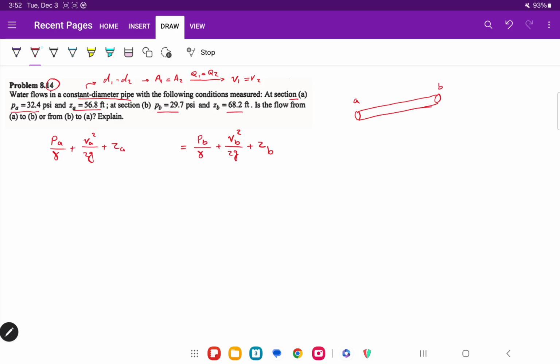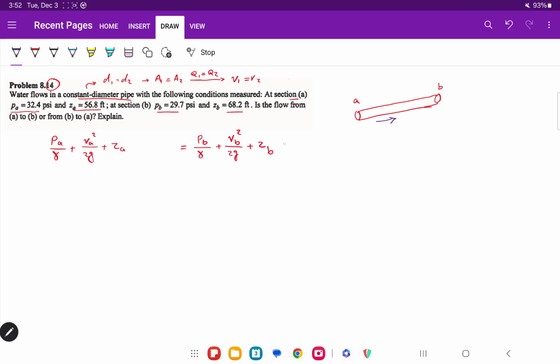And as I always told you, you should follow the flow. By that I mean, assume that the flow direction is from left to right. If this was the flow direction, it means that you should have section A at the left hand side and section B at the right hand side.